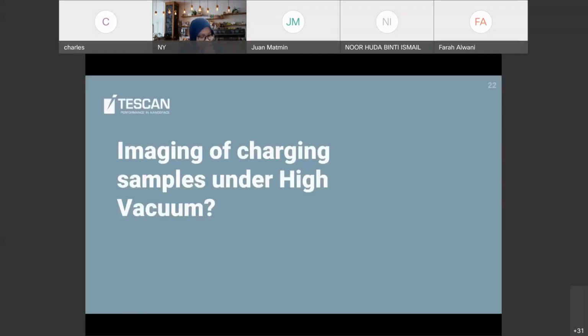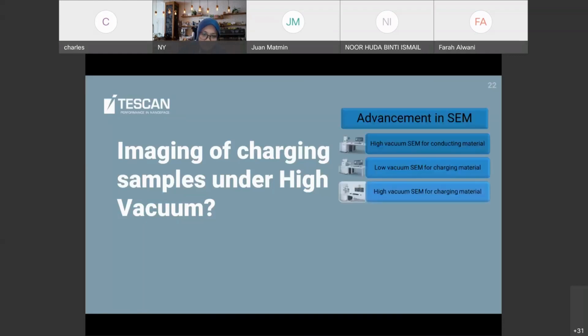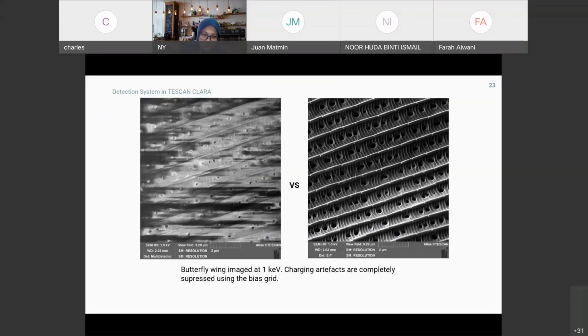So what about imaging a charging sample under high vacuum? Have you ever thought of this? And now TESCAN is able to do that already. By imaging this kind of charging sample under high vacuum, it's not low vacuum anymore. In high vacuum, we retain the resolution.